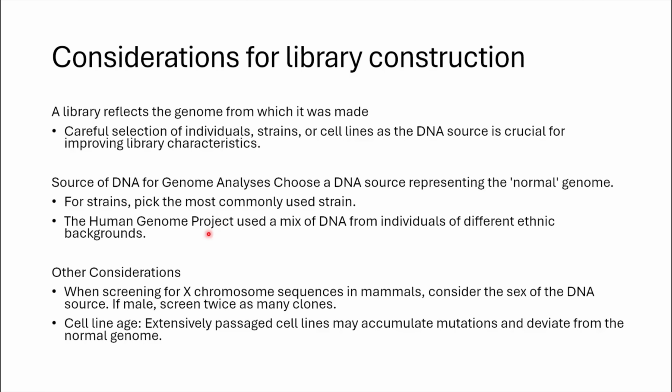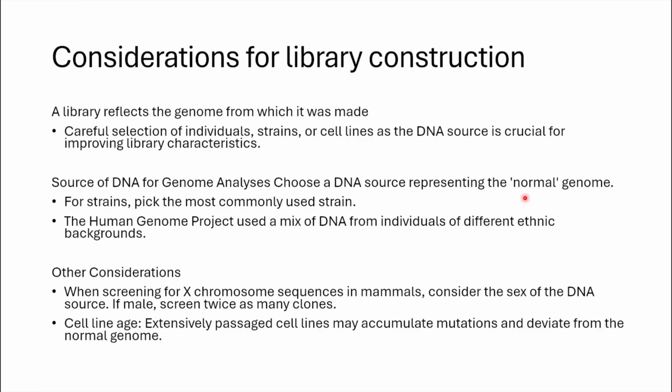For example, for the Human Genome Project, they used a mix of DNA from individuals of different ethnic backgrounds. Then they sequenced all that, and using computers, they compared the sequences to figure out what is the actual human genome, irrelevant of the ethnic background. For the Celera Genomics project, they started with the DNA of Craig Venter himself, but then they joined with the Human Genome Project, and when these guys sequenced DNA, Celera was using it also in its studies.